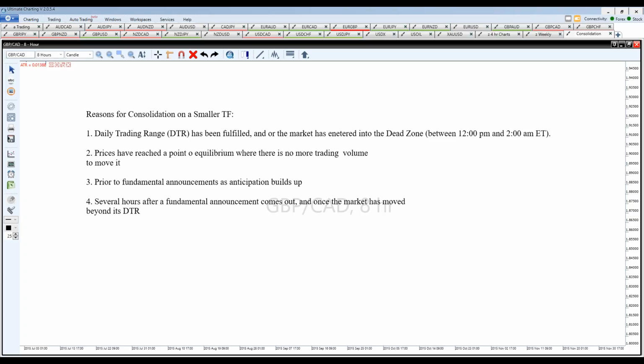Now, remember that the DTR from one pair to the other will vary. You will find pairs with DTRs around 50 pips, and you'll find pairs with DTRs of over 2,000 and 3,000 pips. So that will vary from one pair to the other.